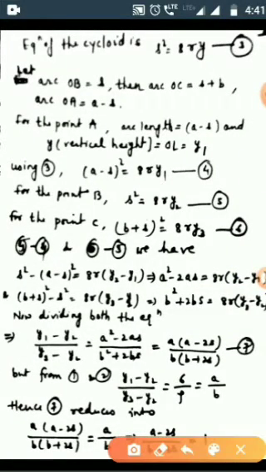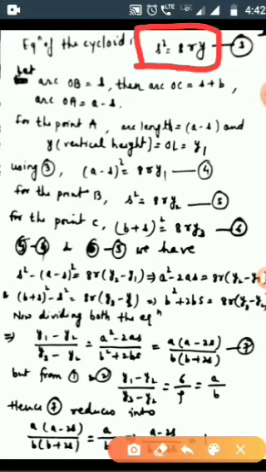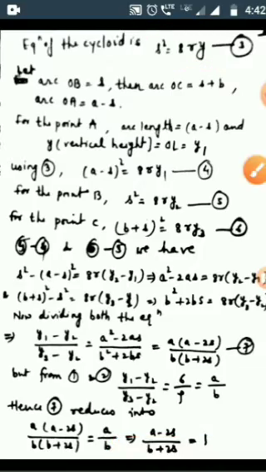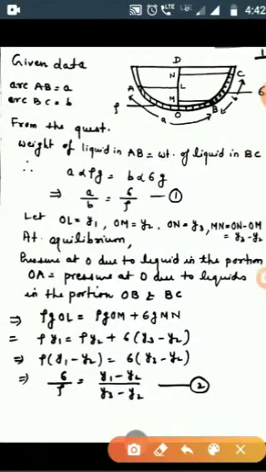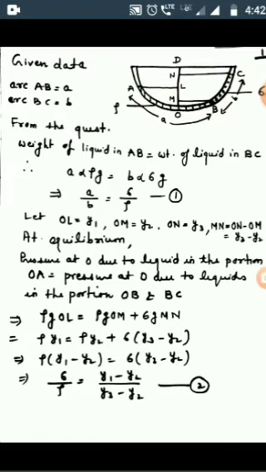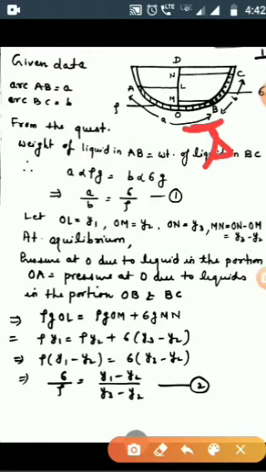The equation of the cycloid is given by s² equal to 8ry, where s is the arc length at a point from the vertex, and y is the vertical height from the vertex. So we have three points. We will write the equation of the cycloid at A, at C, and at B. Now the arc length OB equals s.